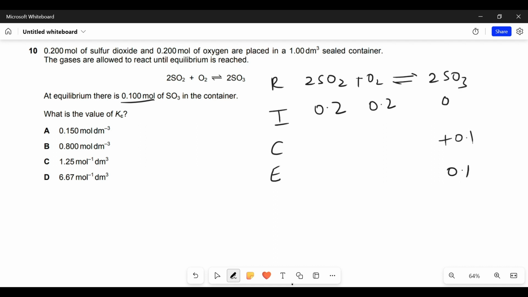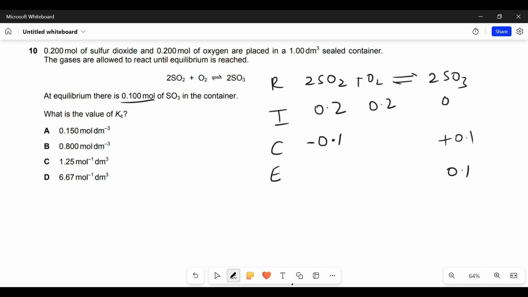As we know that 2 moles of SO2 react to give 2 moles of SO3, 0.1 mole of SO3 will be produced from 0.1 mole of SO2. Since reactants are being consumed, we'll put a negative sign. Now from the stoichiometry, we can see that 2 moles of SO2 react with 1 mole of O2.